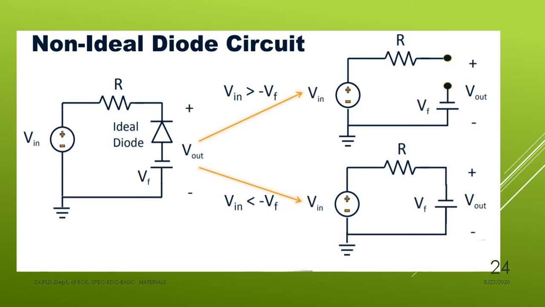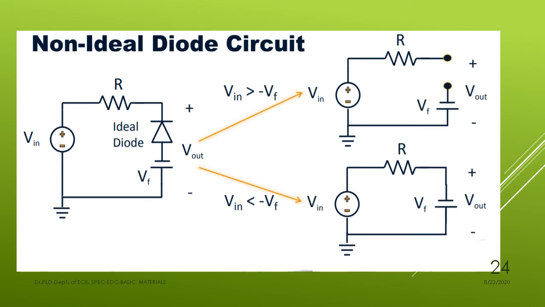In general, we consider that because of the internal resistance of the diode, it has its own voltage drop across the diode when it is forward biased. That's the meaning of denoting this voltage as the forward biased voltage of the diode, Vf. Suppose you consider 2 volts. In general, whenever the diode is forward biased, the drop across the diode is 0.7 volts only.